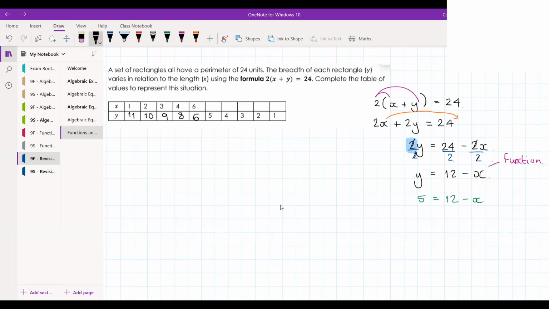Think about it. It's an easy sum, I promise. It's a very easy sum. If I want 5 as an answer, what must x be? Karabo, don't think too deep. How do we make 5, guys? 12 minus what gives us 5?